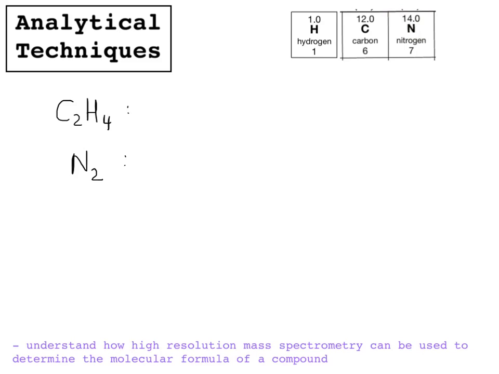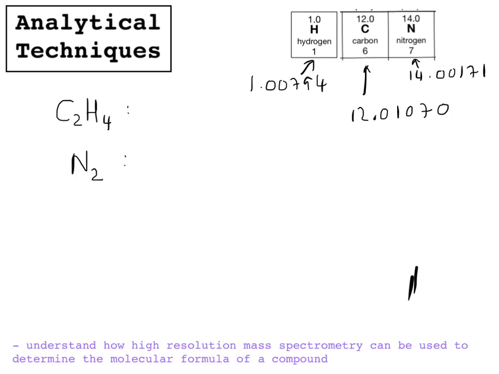So the relative mass of carbon to 5 decimal places is 12.01070. Nitrogen is 14.00171, and hydrogen is 1.00794. Now if we use these numbers in calculating our relative masses, we should find that our values for nitrogen and ethene are different.